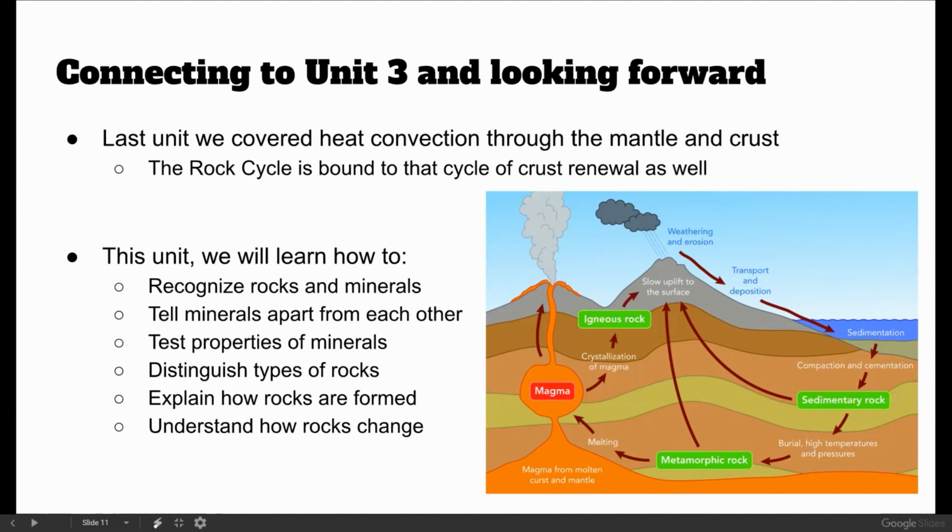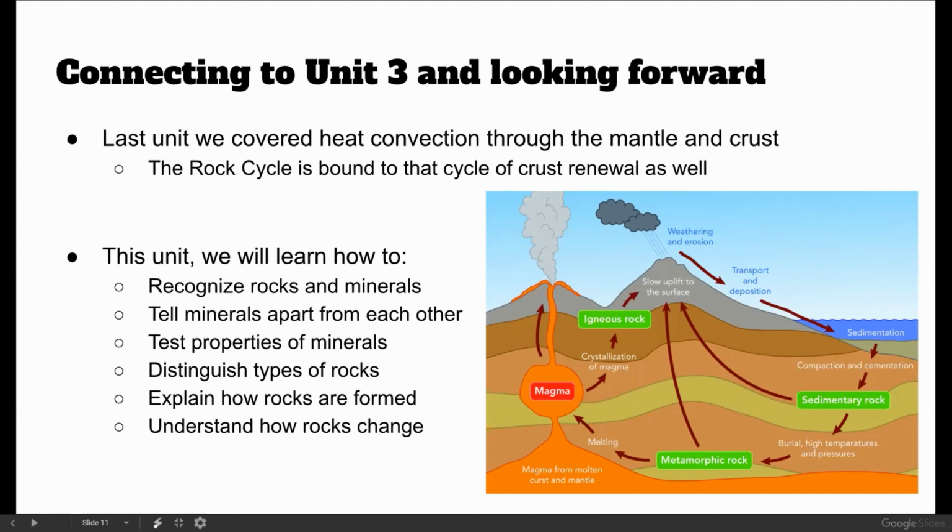You're going to see how to do that, and we'll have a lab that involves the testing of minerals, whether it's in-person kids doing a hands-on mineral test, or if we're still in COVID and can't do the in-person test, you'll be doing a virtual mineral test. All of my virtual students will be doing the virtual mineral test because you don't have the supplies to do it in person.